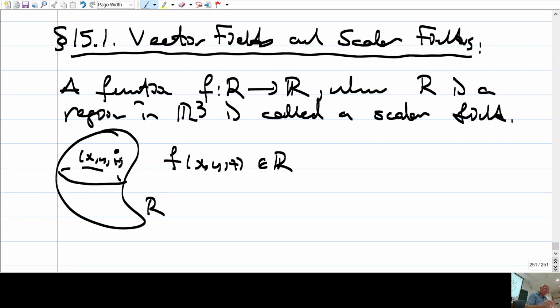For example, this function could be the temperature. The density. F can be the temperature.